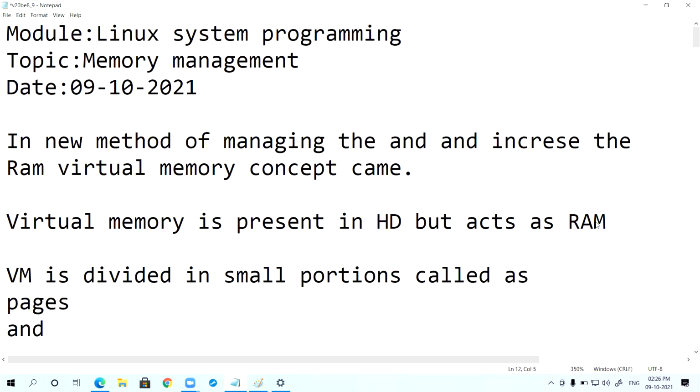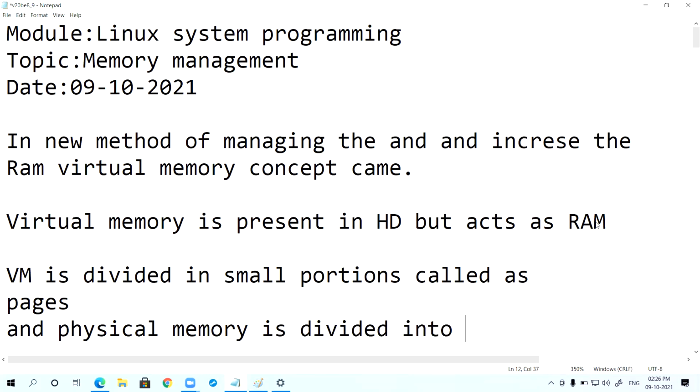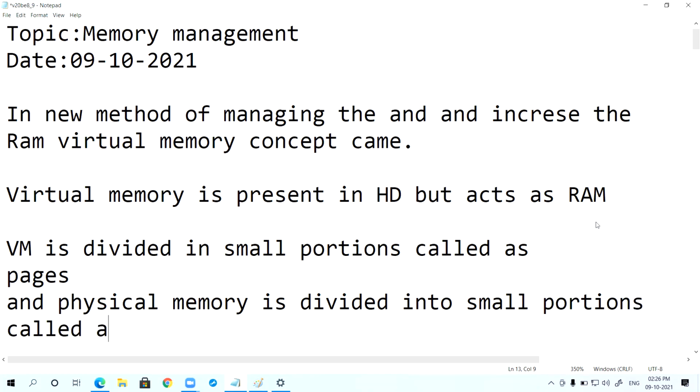And physical memory is divided into small portions called frames.